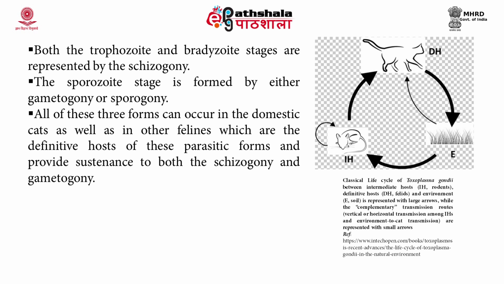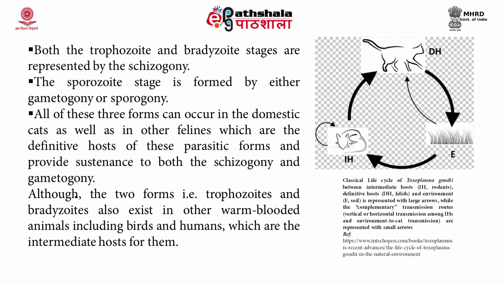All of these three forms can occur in domestic cats as well as in other felines, which are the definitive hosts, sustaining both schizogony and gametogony. The two forms, Trophozoites and Bradyzoites, also exist in other warm-blooded animals, including birds and humans, which are the intermediate hosts for them.